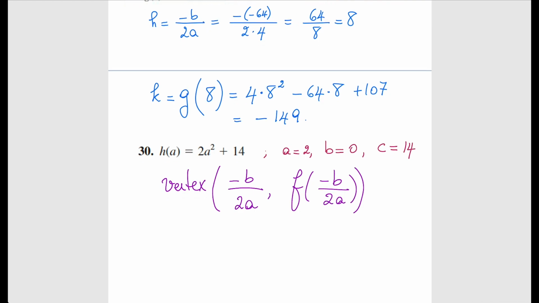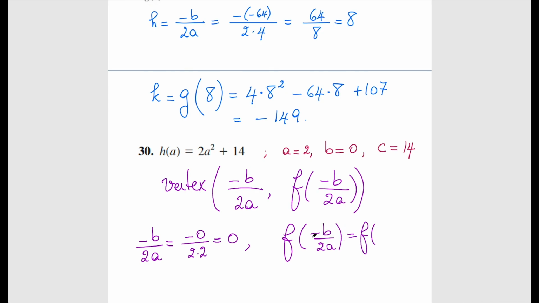Okay, so what do we obtain? We obtain that negative b over 2a is 0. Negative 0 divided by 2 times 2, okay? So that's 0, right? So this guy is 0. And f of negative b over 2a is f of 0, because we know that this guy is 0. And how much is f of 0?